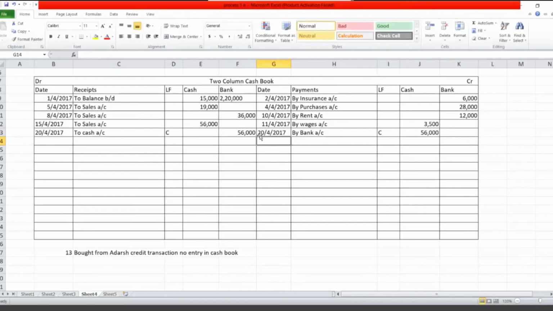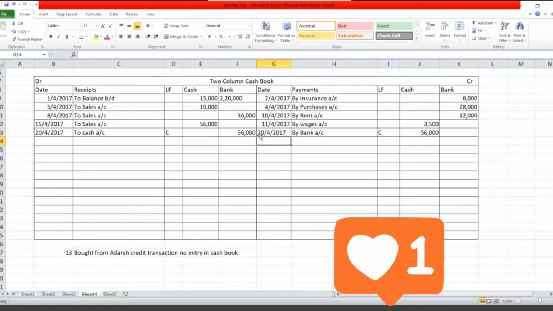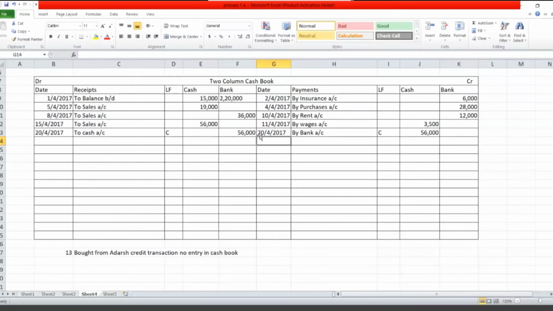Next, April 28th, paid Amit by check in full settlement of his account. It is not Amit, it is Adarsh. Adarsh Jaswal we purchased from, no? In this transaction we purchased, right?